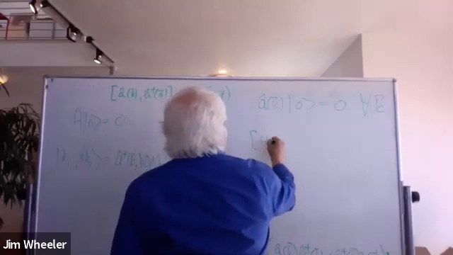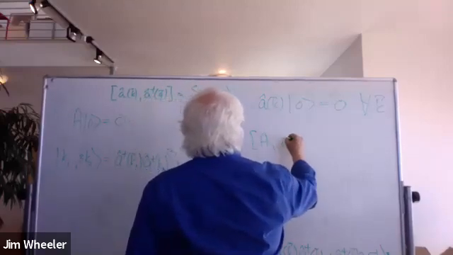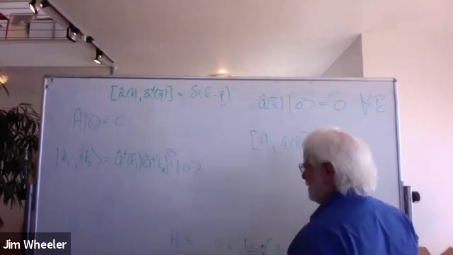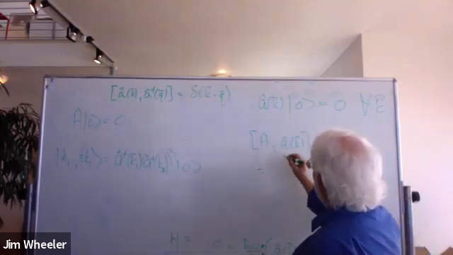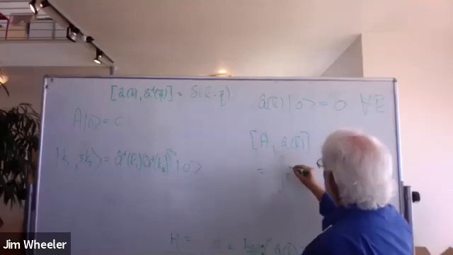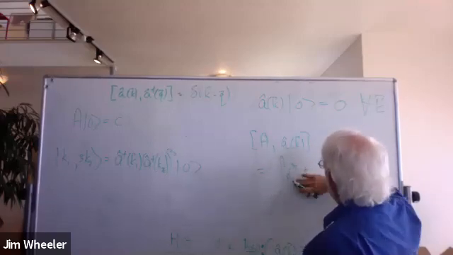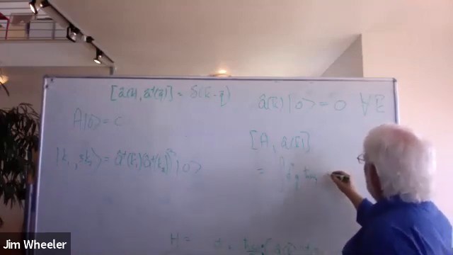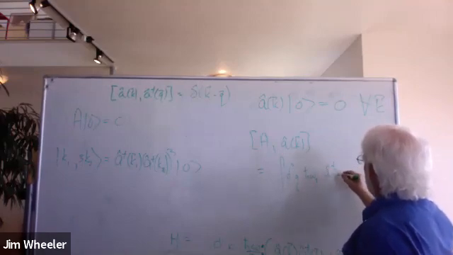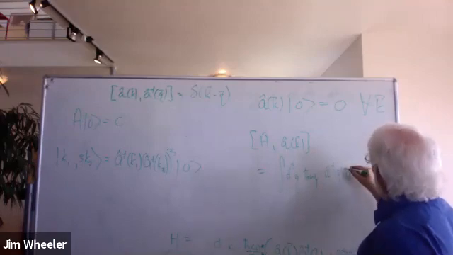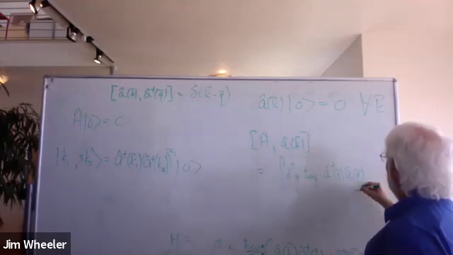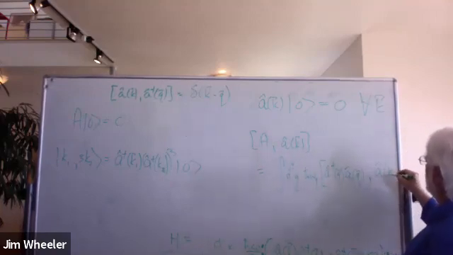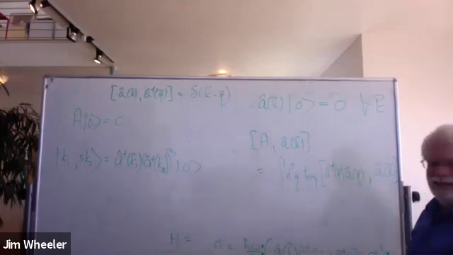For now, let's compute the commutator of H with A. So this is starting in the wrong part of the board, but H is the integral d3Q of H bar omega of Q, A hat dagger of Q, A hat of Q, and then we want the commutator of that with A hat of K. Right, and this isn't so bad.